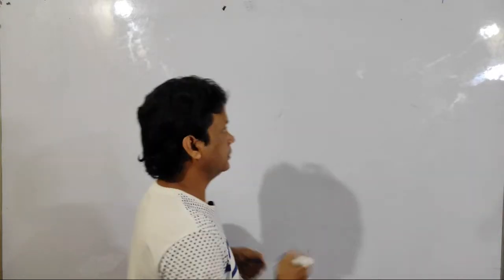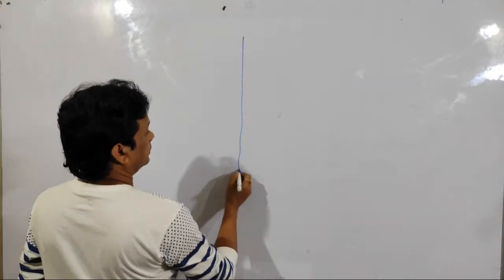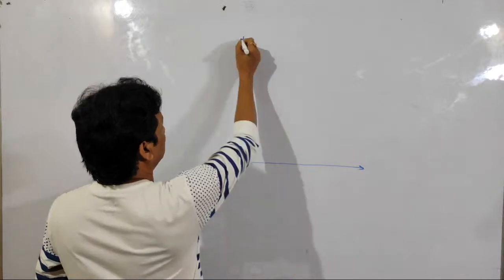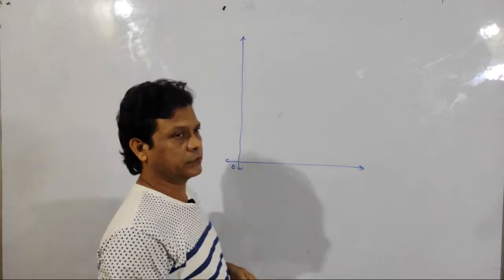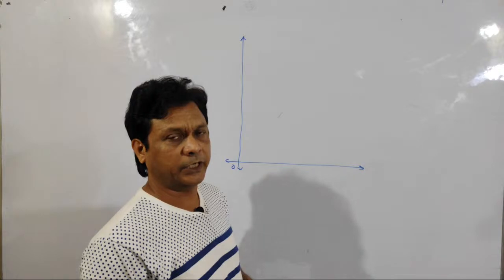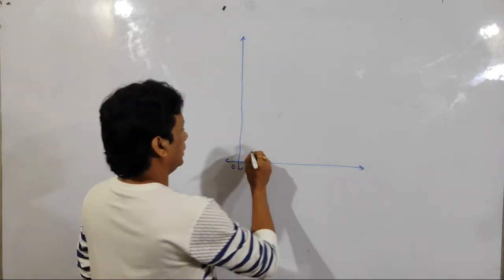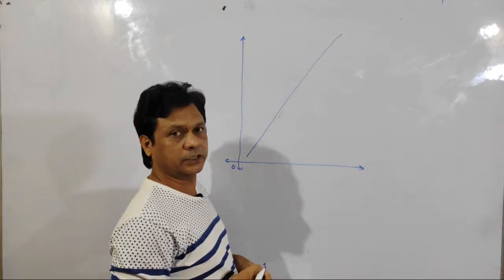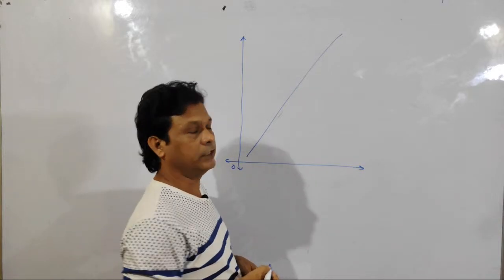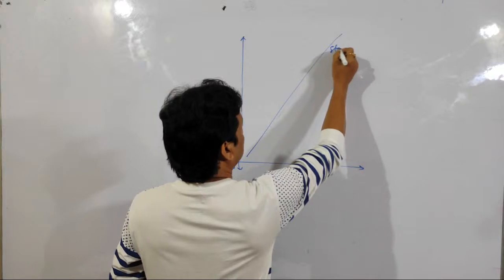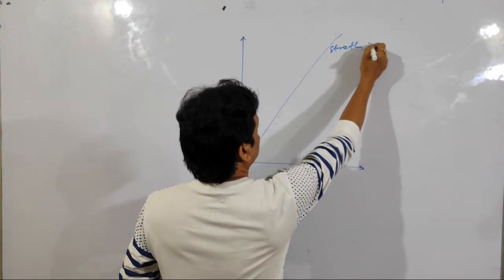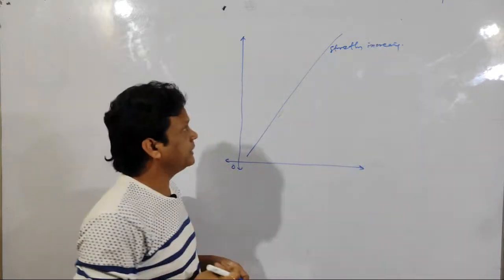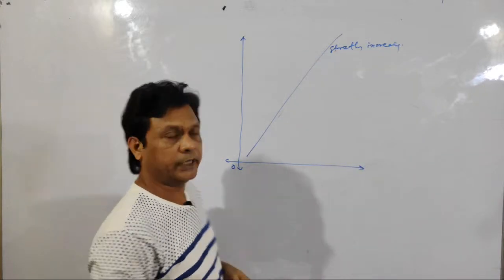And see here, in function, already you have read one-one function and many-one function. Here the function is strictly increasing, I am telling you. And actually what is the meaning of strictly increasing in case of function?